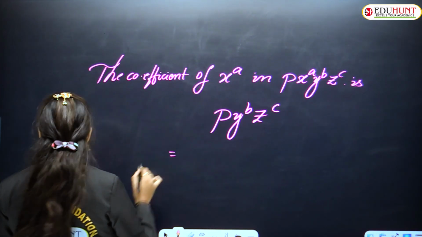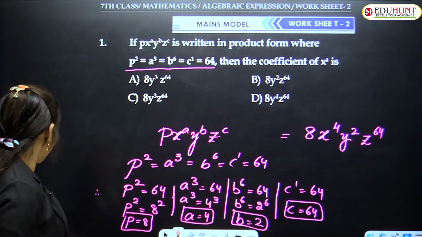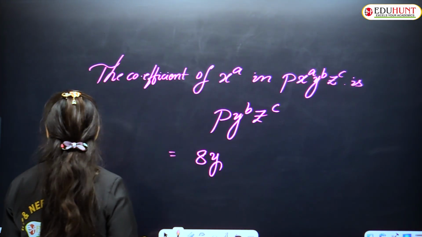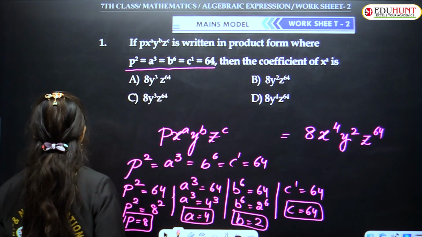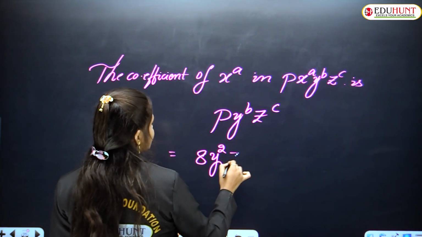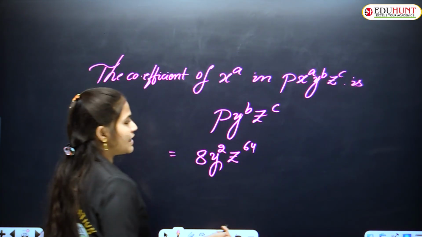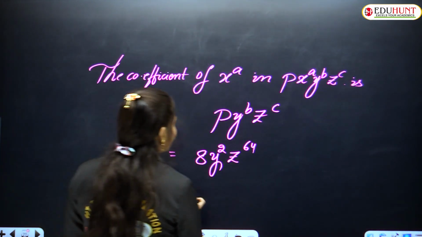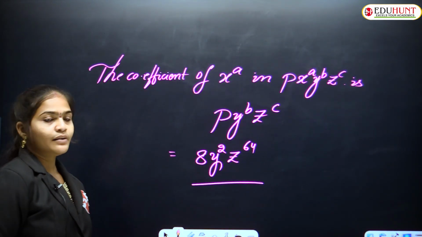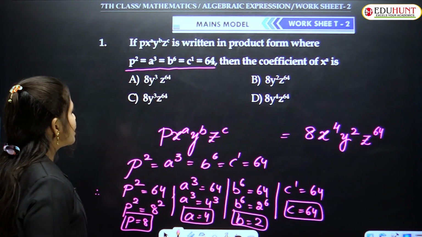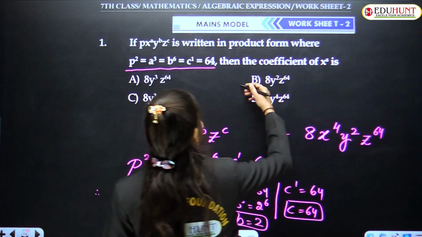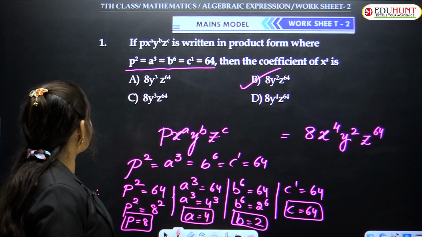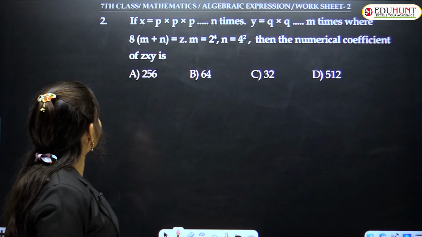And we know that p is equal to 8. So p is equal to 8. Y power, here b is equal to 2. And c is 64 only, no? So that's why z power 64. Finally, required answer is 8 y square z power 64. Option B is correct. Okay? Yes. Next, let us see the next question.